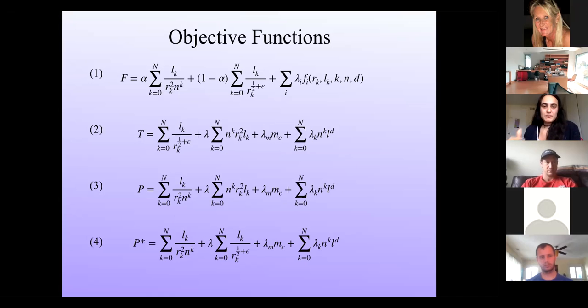Another case would be where we set the parameter alpha to be equal to 1. So the second term disappears and we only have the first term. So in this case, we're minimizing only power. And equations 3 and 4 are examples of that. And then when we consider the constraint functions that we want to hold fixed, in equations 2 and 3, we're considering 3 constraints.